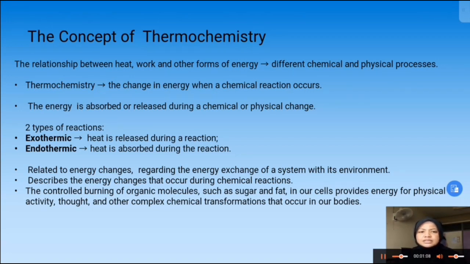It is like the controlled burning of organic molecules. For example, sugar and fat in our cells provide energy for physical activity and other complex chemical transformations that occur in our body. In addition, it also extracts energy from the burning of fossil fuels such as coal, petroleum and natural gas.